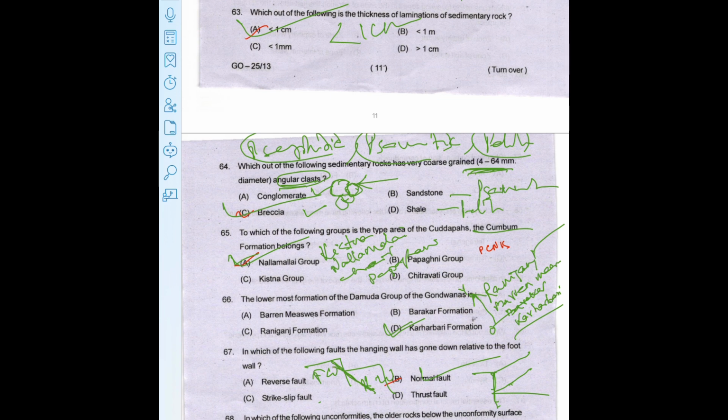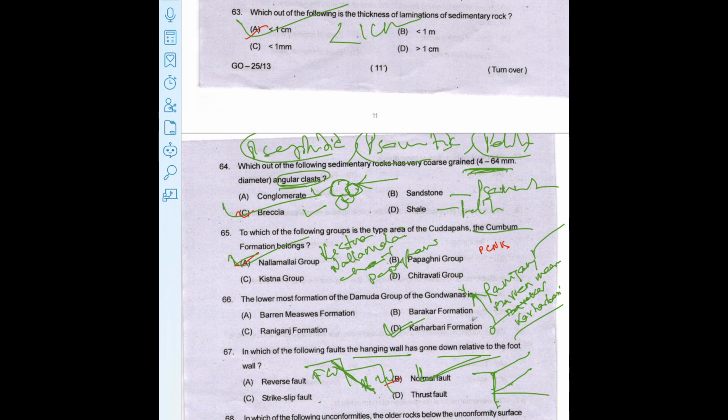The block which is below the fault plane is the footwall. So, here, when the footwall is up and the hanging wall has gone down relative to the footwall, it is a normal fault. So, B is the correct answer.